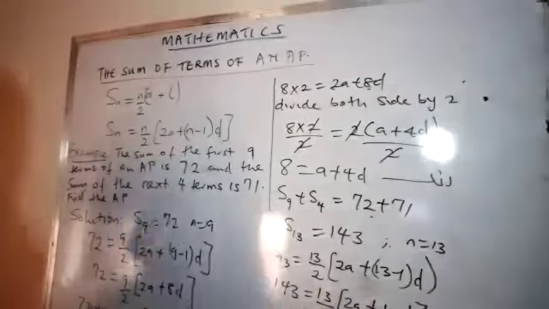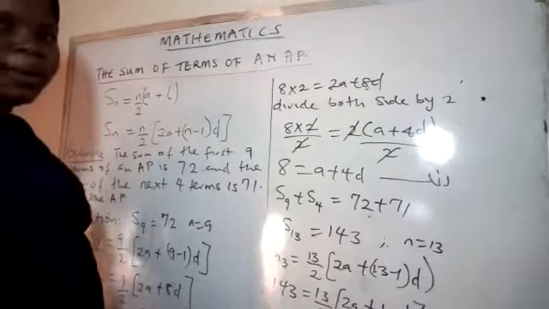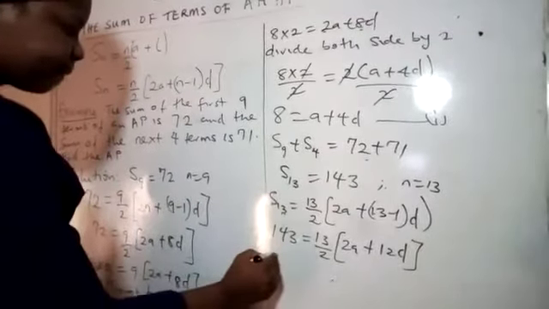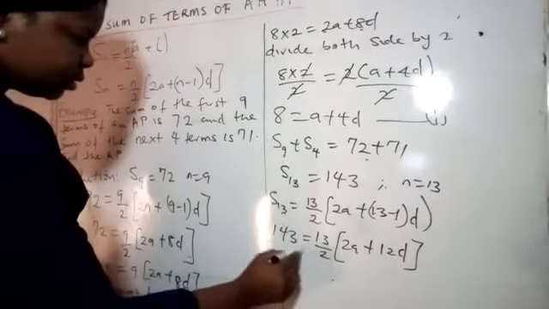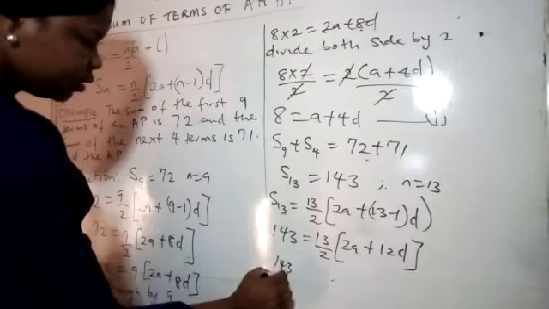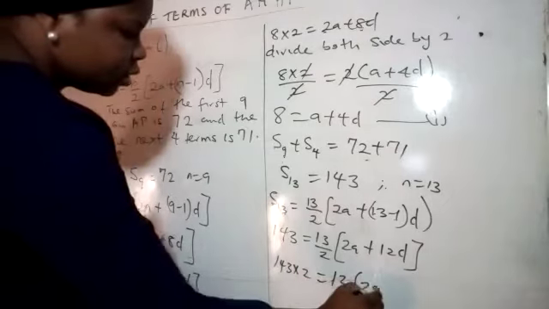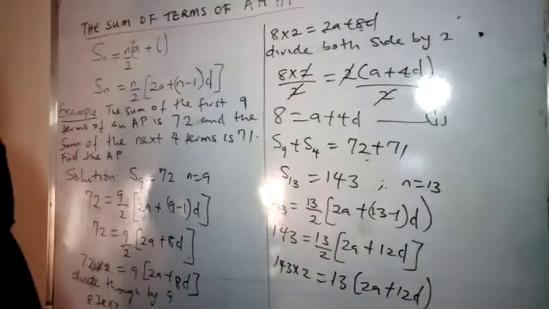So the next thing is to what? Multiply through by 2. If I multiply through by 2, what will I have? I'm going to have 143 times 2, and that will give me 286. 143 times 2 equals 13 into 2a plus 12d.